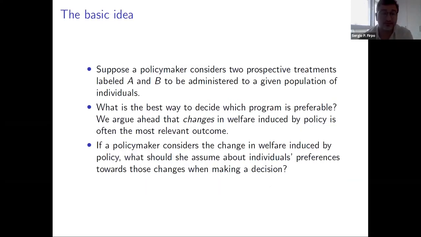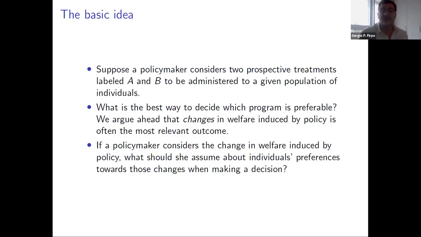are preferred, right? So the idea here, from a more abstract point of view, is to think of two treatments or policies, and let's call them A and B. So the question is, how can you rank which policy would be better for the population? Okay.